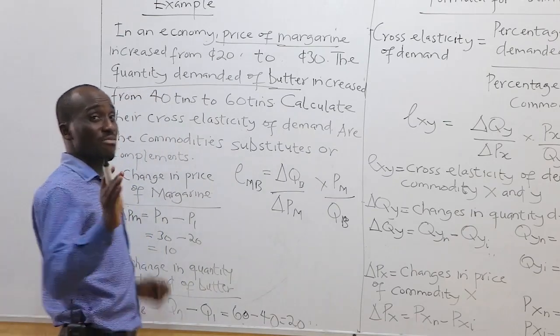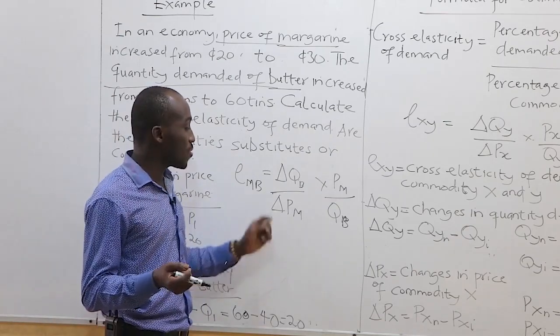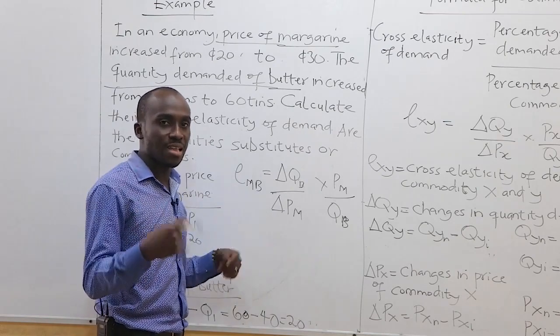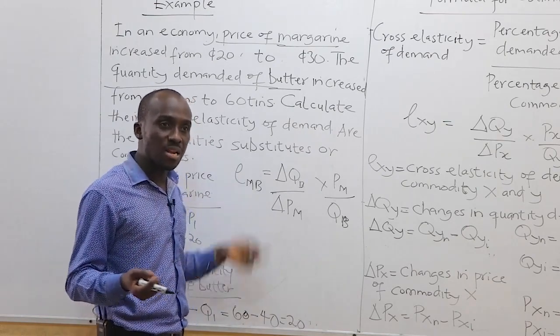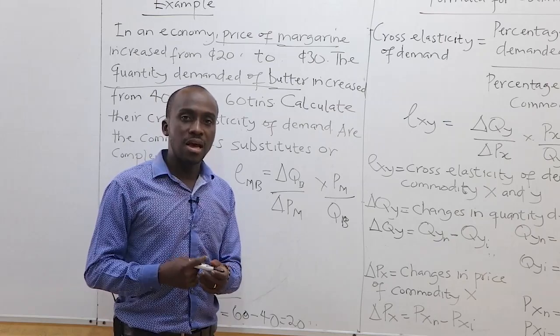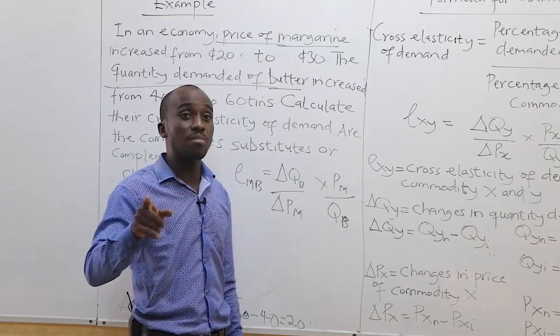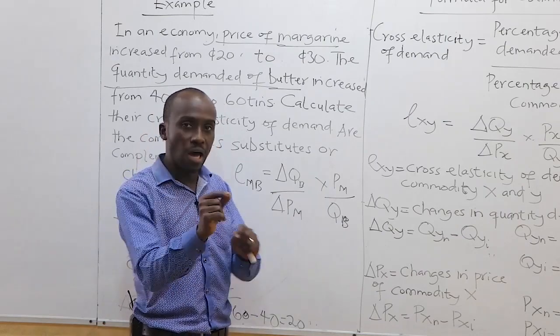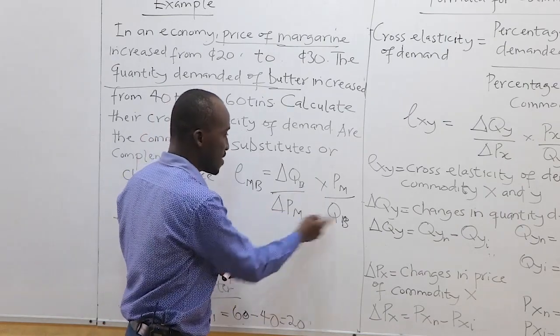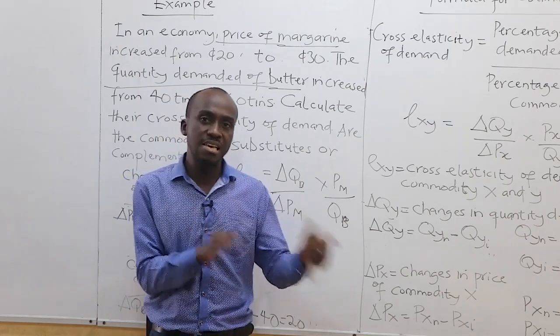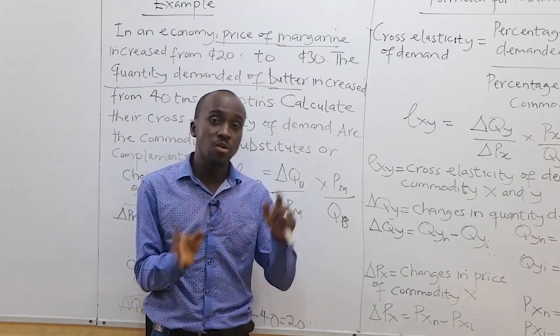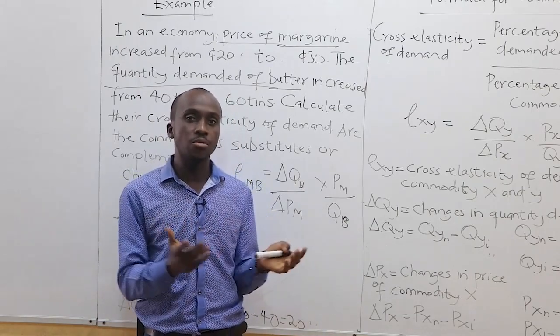So it's almost the same formula as you've been doing for price elasticity, only that now you're adding margarine and butter. You have to identify which product experiences the change in price and which product experiences the change in quantity demanded, so that you know how to give the subscripts. You have to just identify them, and that will be all.